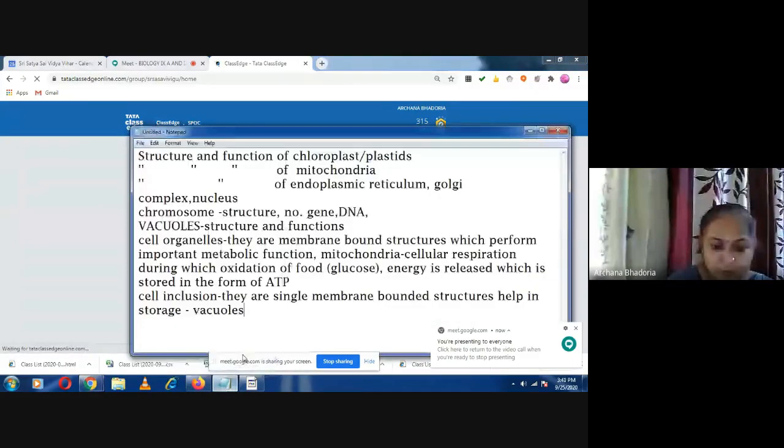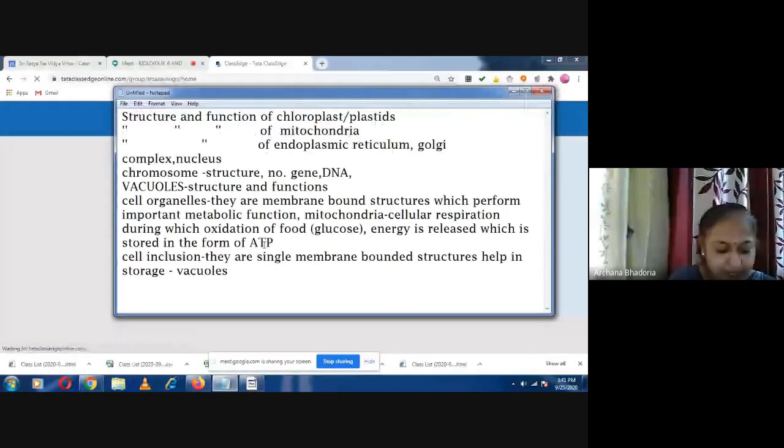Now what is the difference between chloroplast and plastid? Understand this.